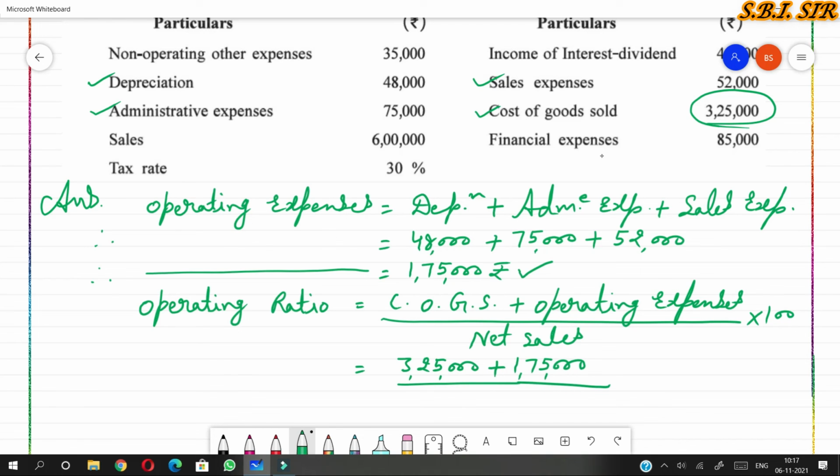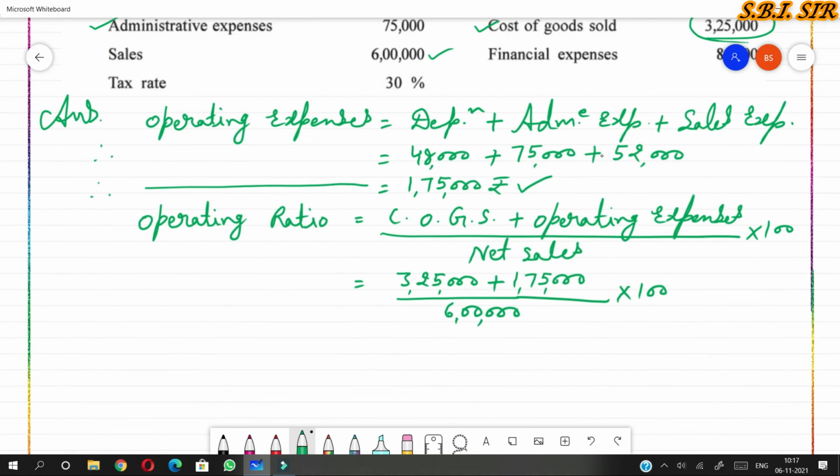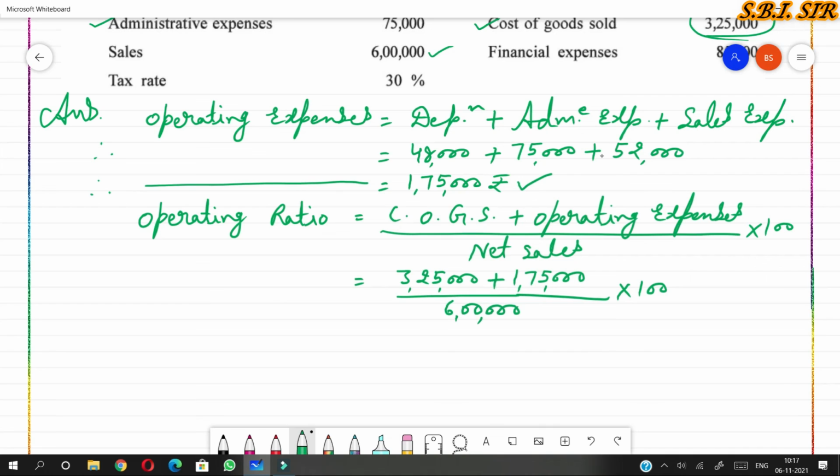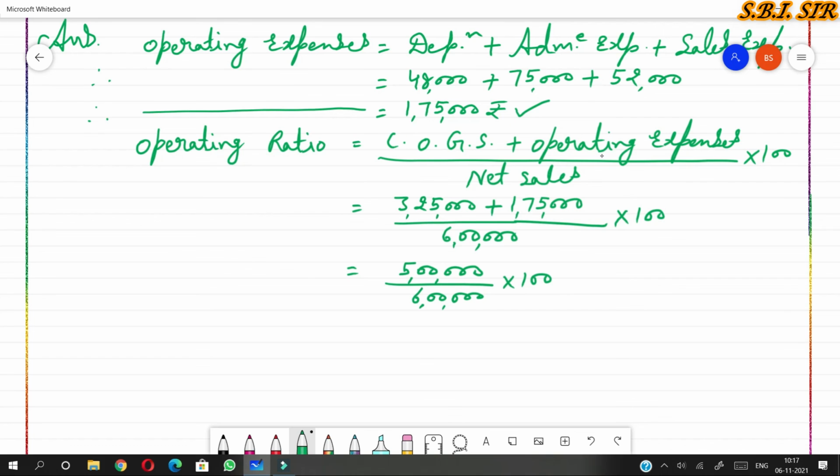Net sales is given as 6 lakh, multiplied by 100. Then 3,25,000 plus 1,75,000 equals 5 lakh divided by 6 lakh multiplied by 100. Then 5 lakh multiplied by 100 divided by 6 lakh, we will get 83.33%. This is our final answer for operating ratio.